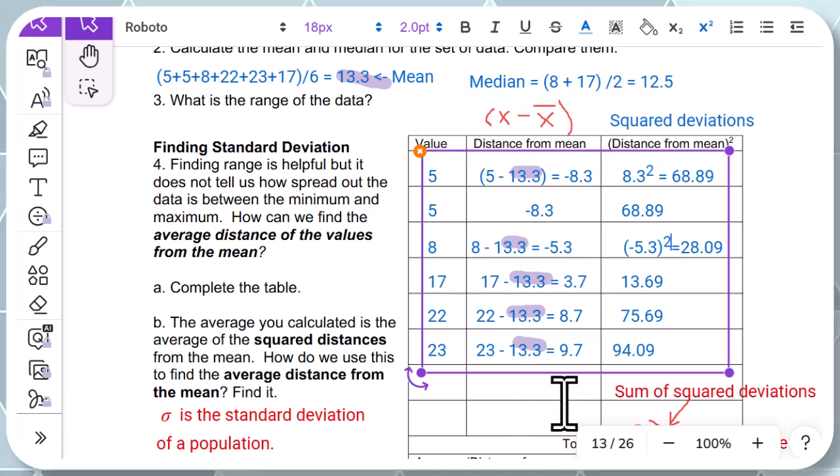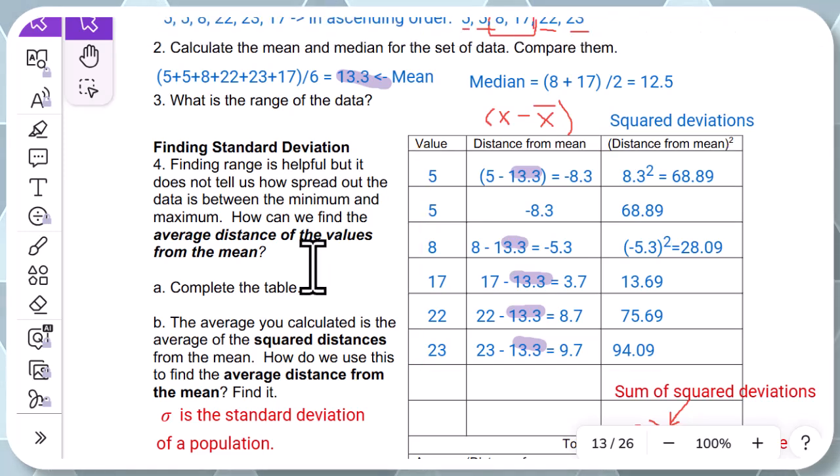So taking the straight distance from the mean is not very helpful, because the average distance is always 0, since it includes negative going backwards and positive going forwards. I think in middle school, you actually learn a variation where you do absolute values. But squaring is more mathematically convenient.